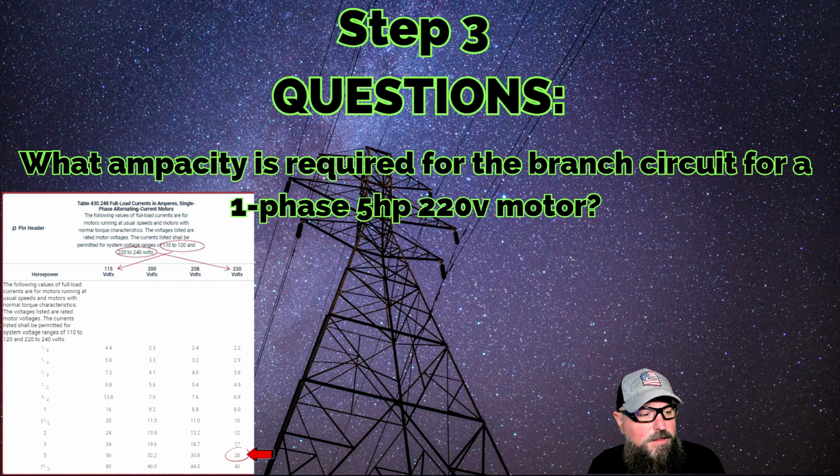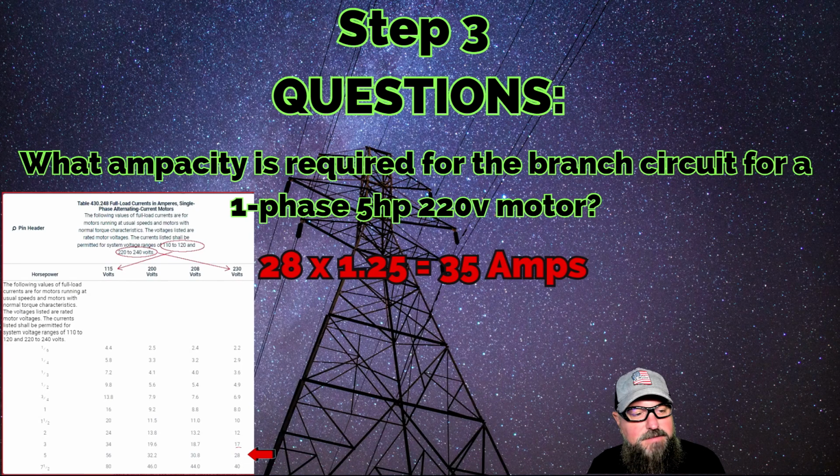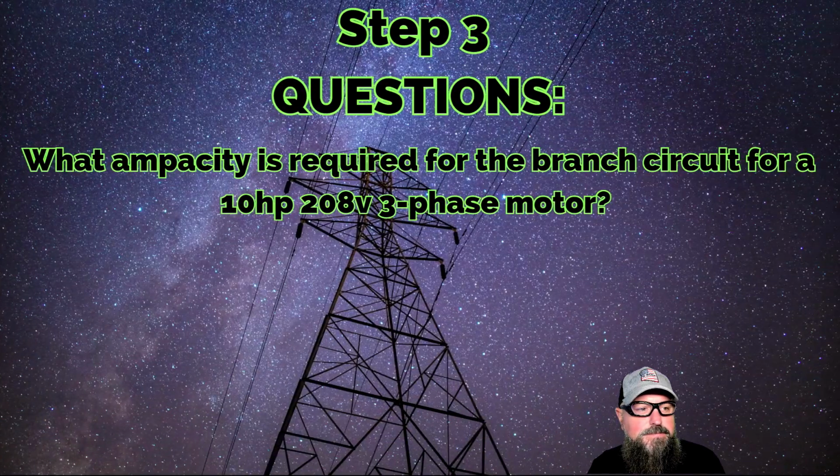So we're going to go down the line and find 5 horsepower, and then go over to 230 volts, because if you remember, 220 to 240 is always going to be at 230 volts in that row, and we got 28 amps. Then we take the 28 and multiply it by 1.25, and we get 35 amps. And that's your answer.